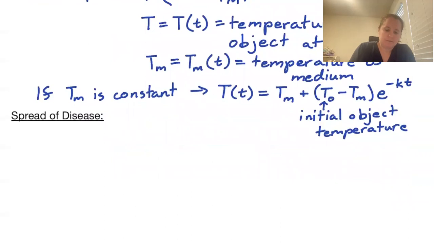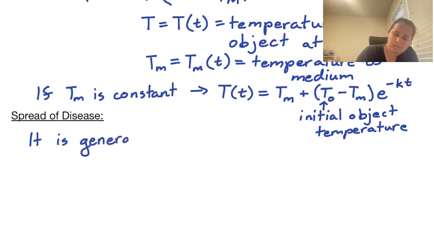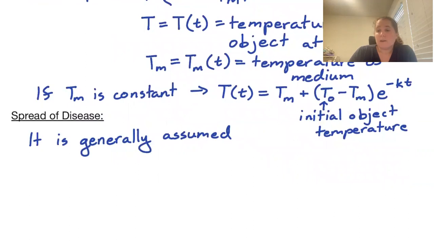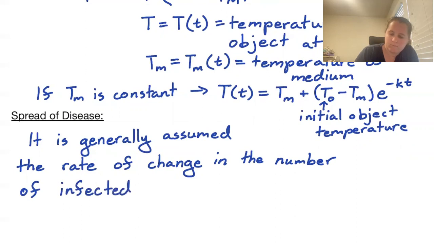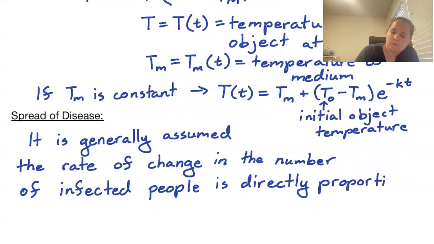It's generally assumed that the rate of change in the number of infected people is directly proportional to two things at the same time.